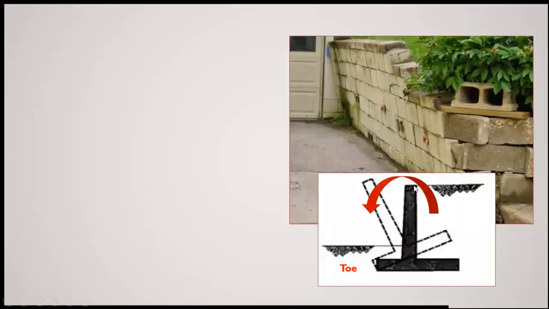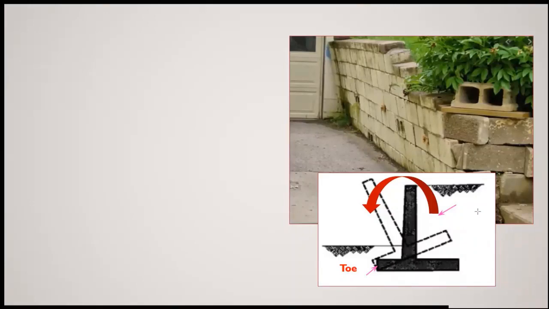Now, if you see this picture, this is a retaining wall, and the backfill is behind it. This side is backfill. This is the toe area, just like the leg and foot of a human being. This is the leg and this is the foot. So one end will be the toe and the other end will be the heel.